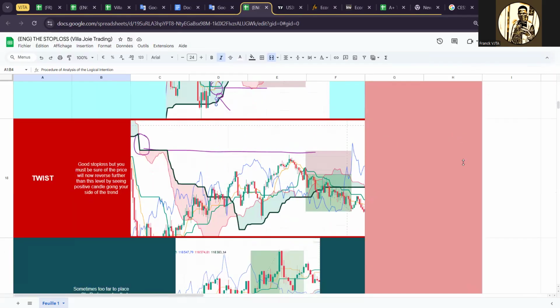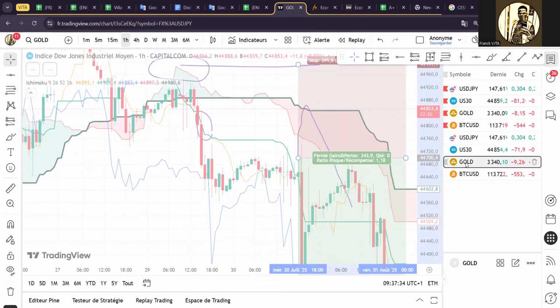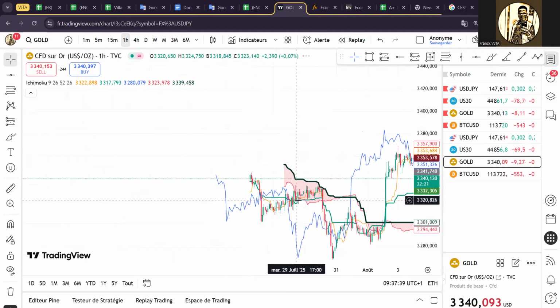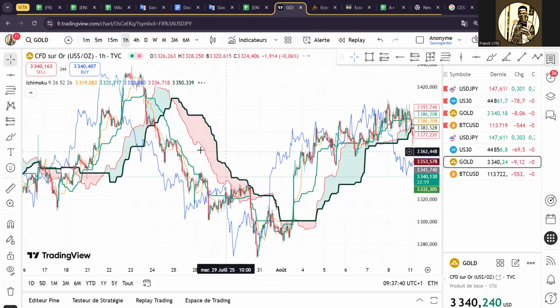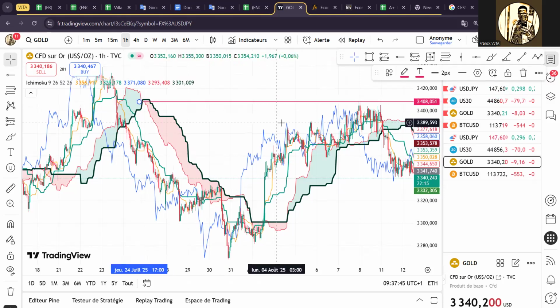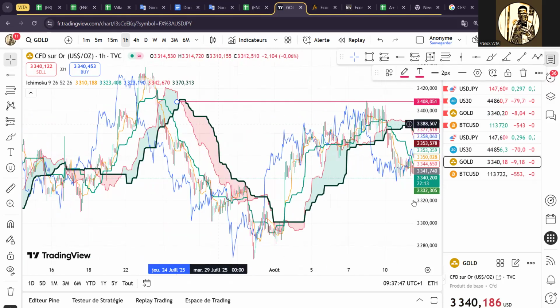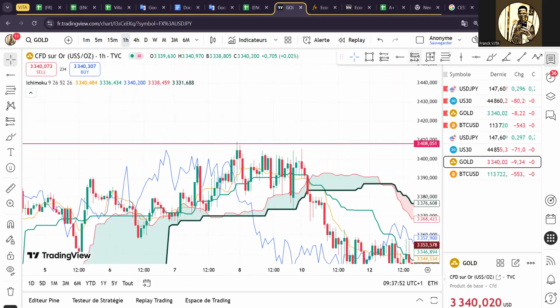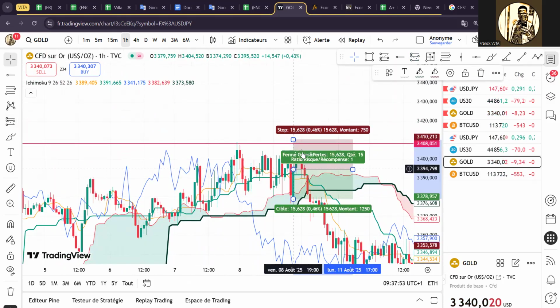You also have the twist as a stop loss. Let us say you have this twist, right? And you choose this twist left, and you see you sell here, you sell something here.